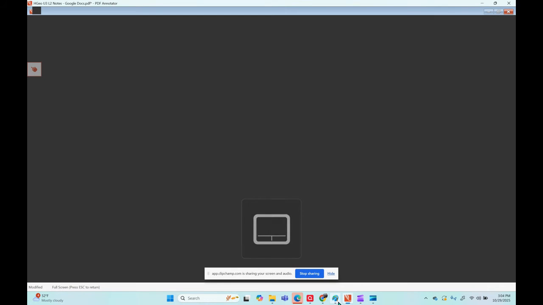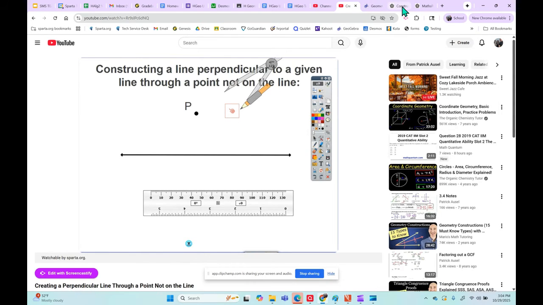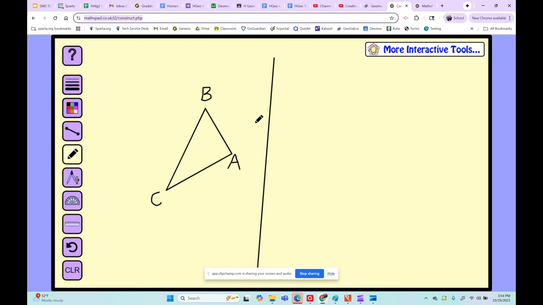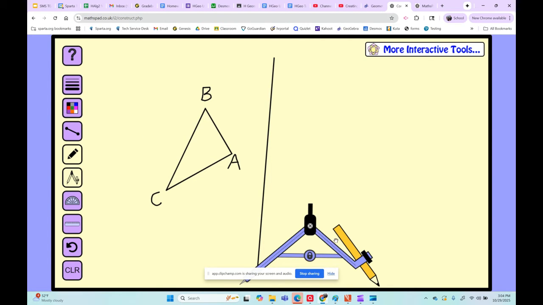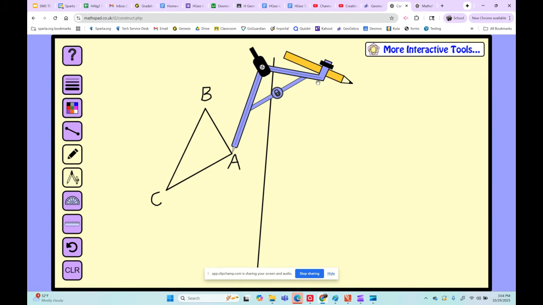All right, so here we go. I am going to put my compass at point A. Right there. Okay, and I am going to make arcs that cross.